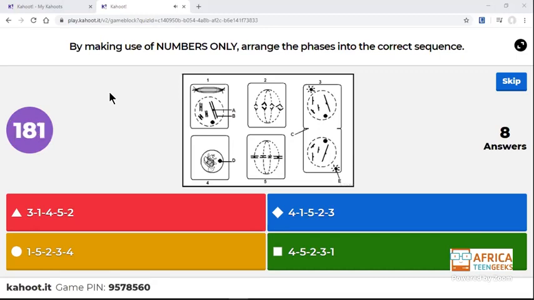So the other classmates use the chat box to try and respond to this. What is the correct sequence?